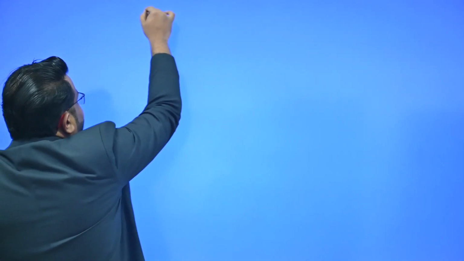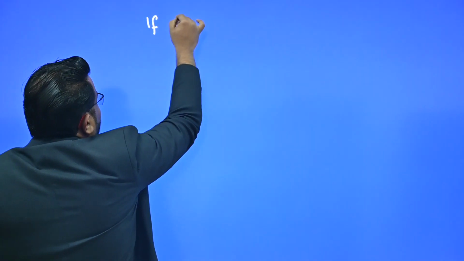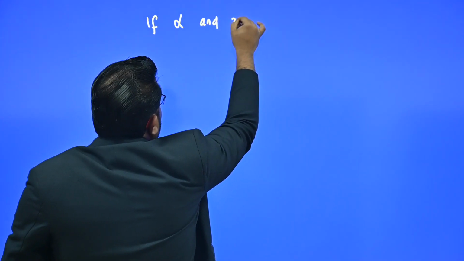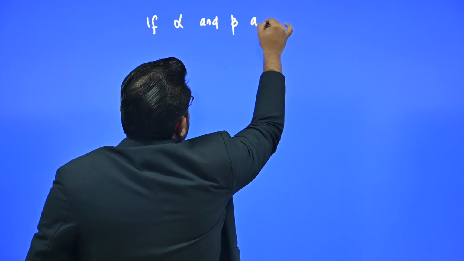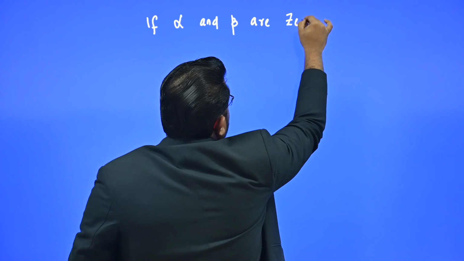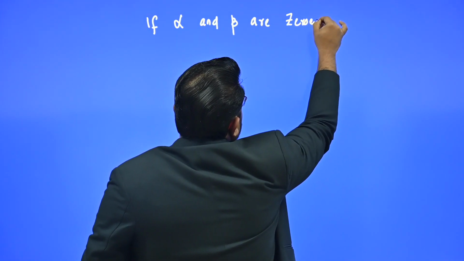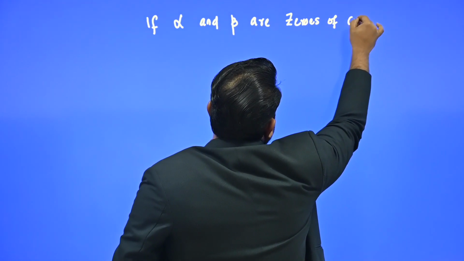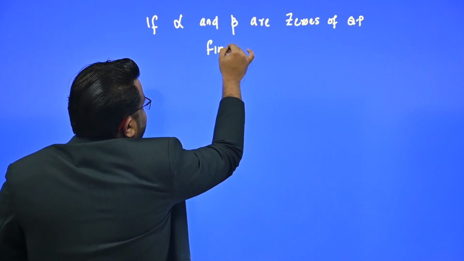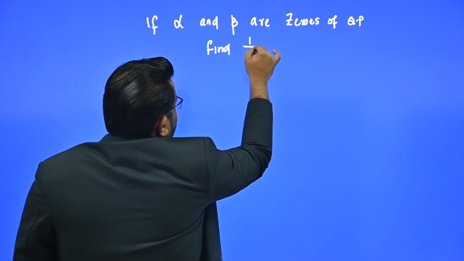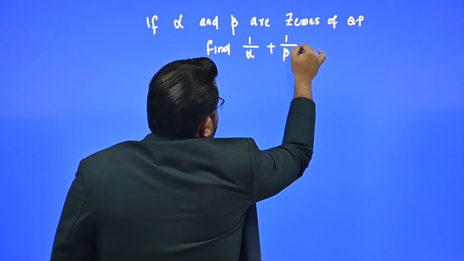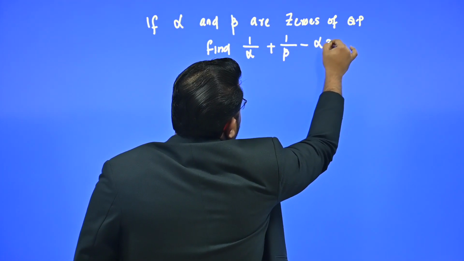If alpha and beta are zeros of the quadratic polynomial, then find 1 by alpha plus 1 by beta minus alpha beta.